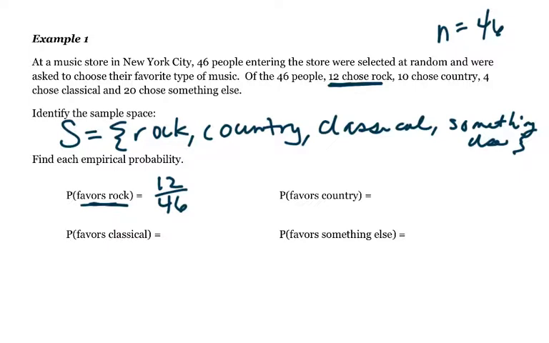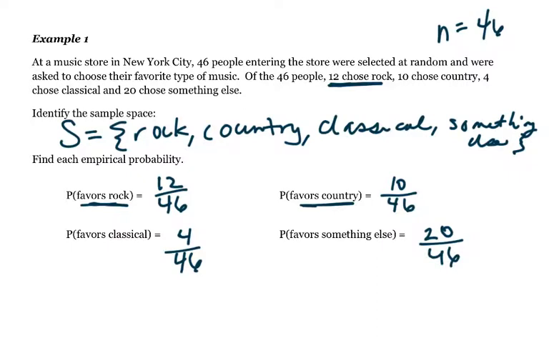The empirical probability that somebody favors country would be 10 over 46. For classical, it would be 4 out of 46. And favors something else is everybody else, 20 over 46.